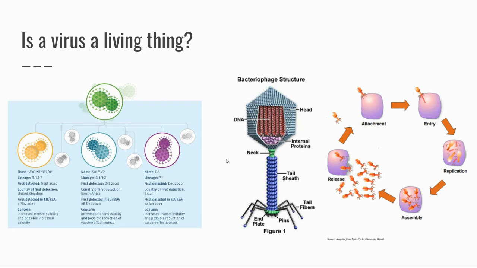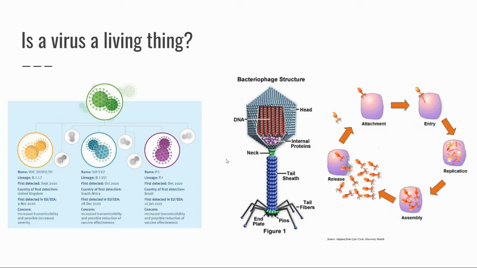In the coronavirus's case, the host range would include humans. We did learn that the virus was initially found in China and might have originated from a bat. So the COVID-19's host range also includes bats. And bacteriophages, their host range includes bacteria.